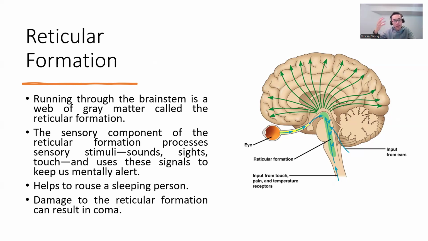If it doesn't require your attention, it's not gonna wake you up. But if you again hear a loud bang, something falling in the kitchen, or like your kid crying, then the reticular formation is gonna basically wake you up from the sleep, and you're gonna go check out what's happening, right? If you damage the reticular formation, then this function is not possible. You're not gonna be able to arouse the brain, and you might slip into a coma.